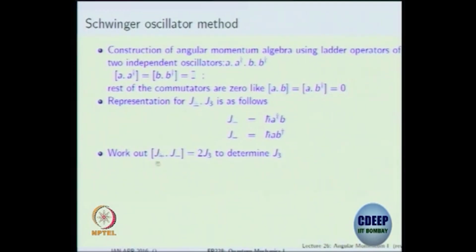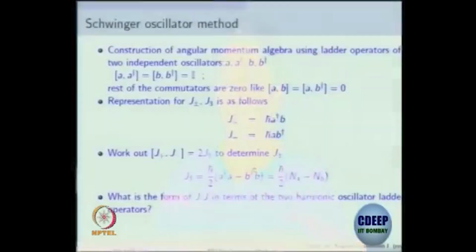Then I said please go back and use the angular momentum algebra to determine what J3 is, constructed out of these two operators. So this is a representation for J plus and J minus in terms of two harmonic oscillator operators, and using this representation we want it to satisfy the angular momentum algebra, which will give you the representation for J3.